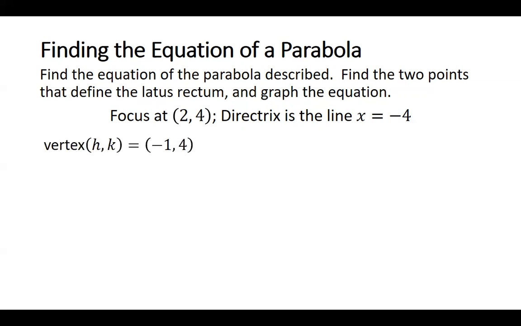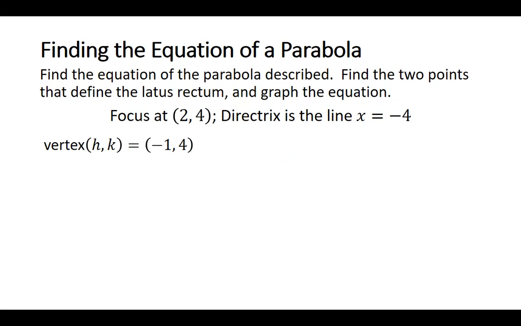All right, so let's take a look at this. The focus is at 2, 4. I misstated that earlier; I guess I was thinking vertex because I can see the next line. The directrix was at x equal to -4.